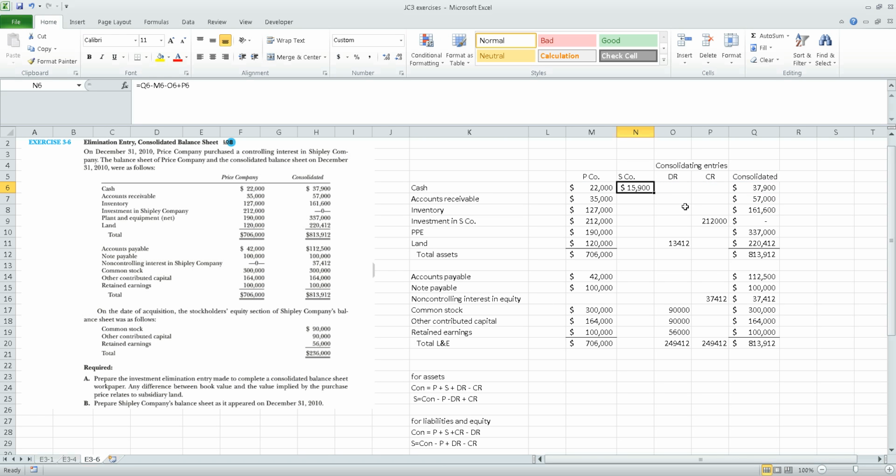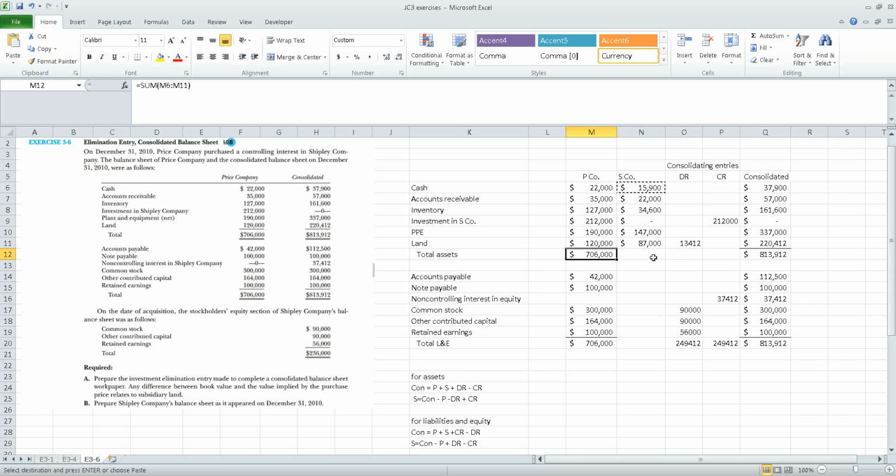Okay, so it must be that the cash was $15,000. So I'm going to copy the sub's cash, and copy that all the way down. And then we'll make sure that everything foots across as a check figure.